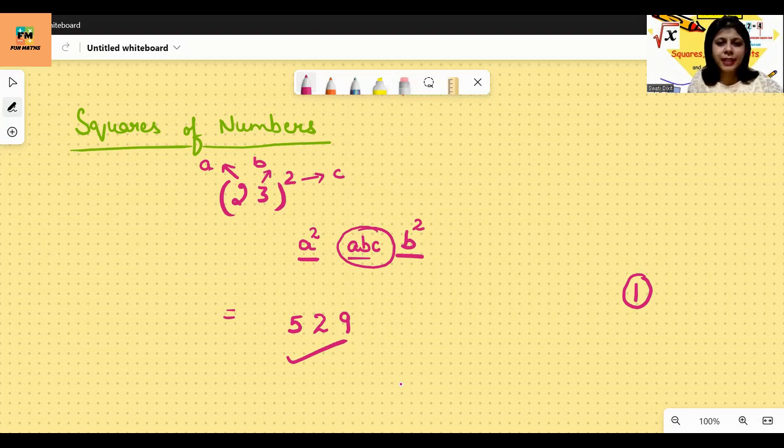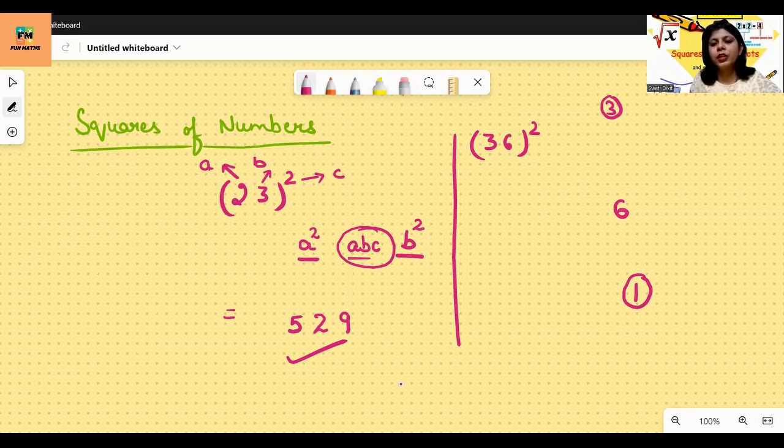Now let's see some other examples. I'm going to take one more example, which is 36. All right, let's see how we can find the square of 36. We will start with the unit digit. So 6 square is 36. Let me write 6 and 3 will be carry forwarded. So keep it aside. Next, we have to multiply all these 3 numbers.